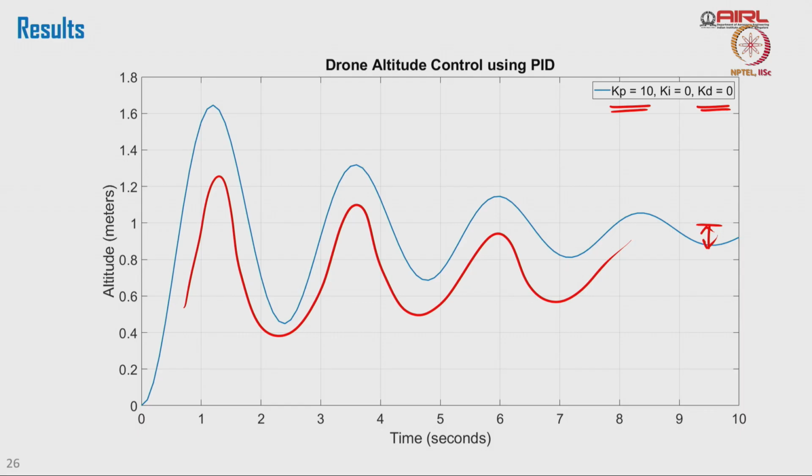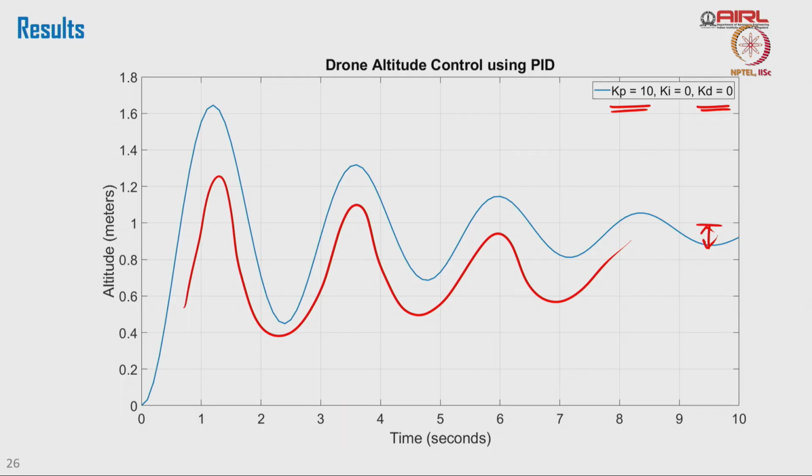So, what do we need to do for this? When there is oscillation, we have to increase the value of KD for better damping, right. And when there is a steady state error, what needs to be done? We have to improve Ki as well.